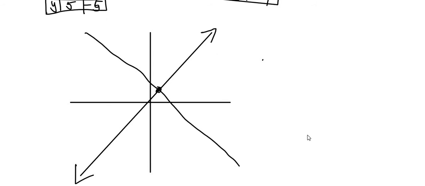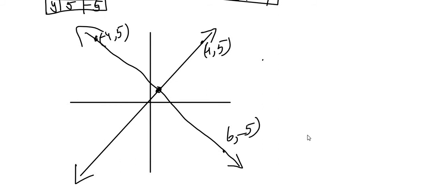These are intersecting at this point. This is a point -4, 5, and here is a point that is 4, 5, and here the point is 6, -5, and here the point is -5, -4.